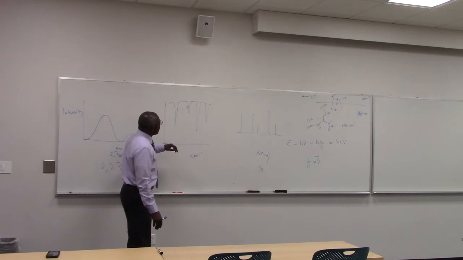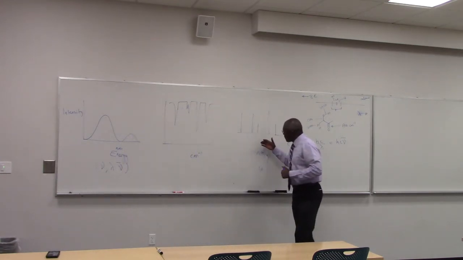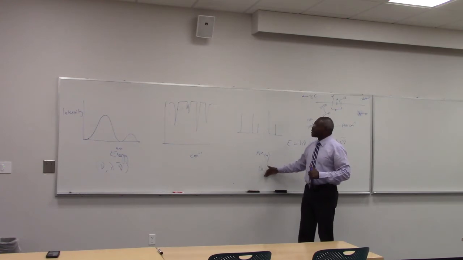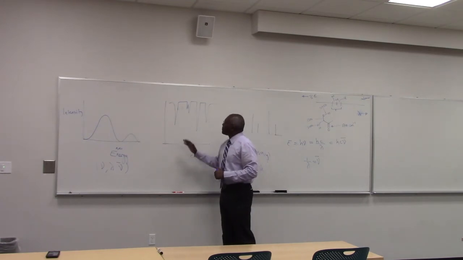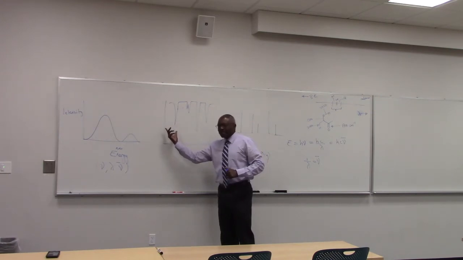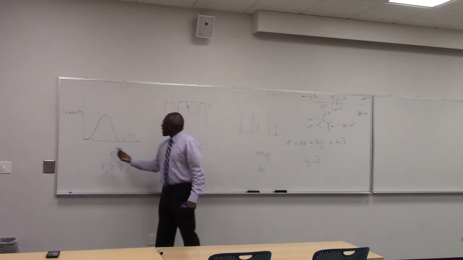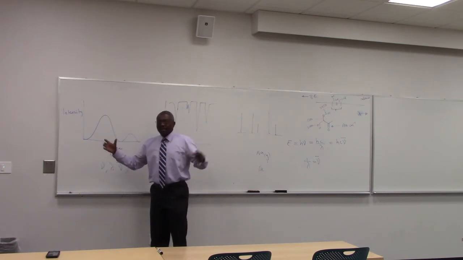But the question is, why is it that the spectra for sodium gas and helium and so on are lines? The spectra for IR are bands, but they're relatively narrow bands. But the spectra for UV-Vis are broad bands.